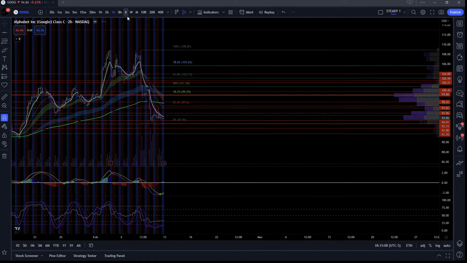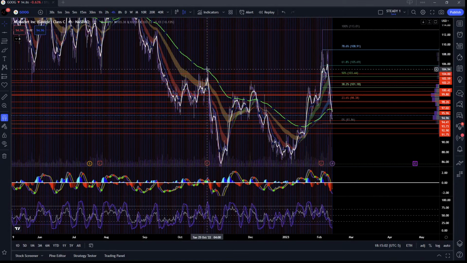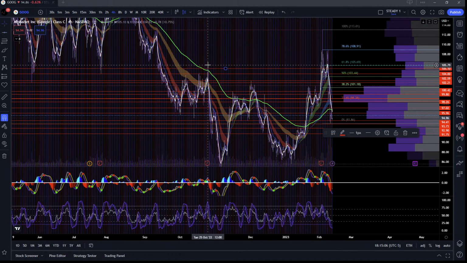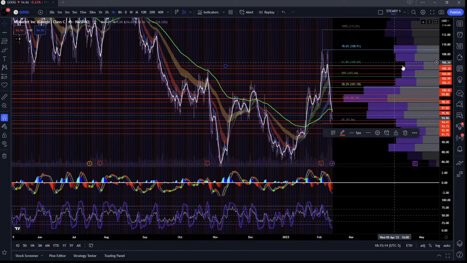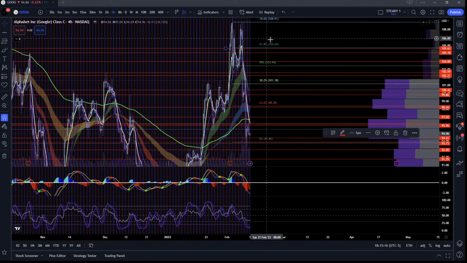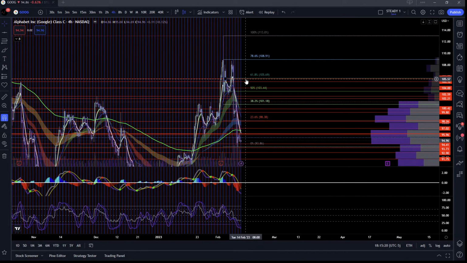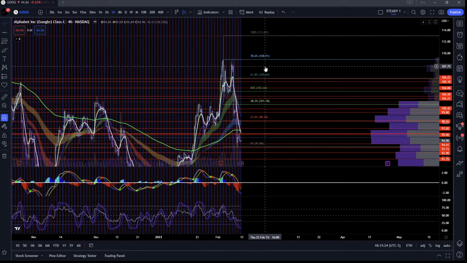Let's see if there's anything major here. Yep, there is. I would use this one right here, and this one coincides really well. This level I would use as a target for the upside, the 105.69, where I would either watch for a rejection or a potential breakout for a test of that 108.91 high over there.